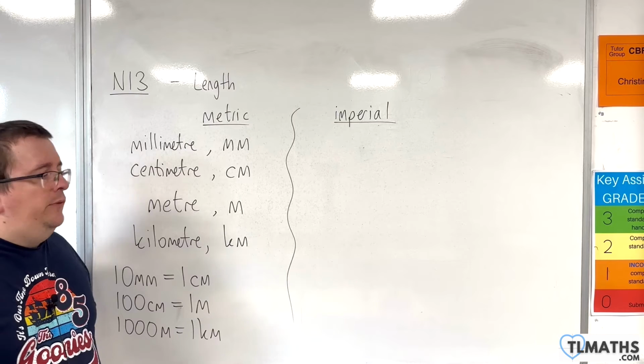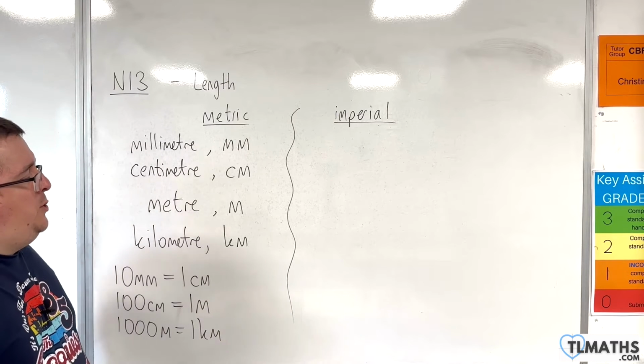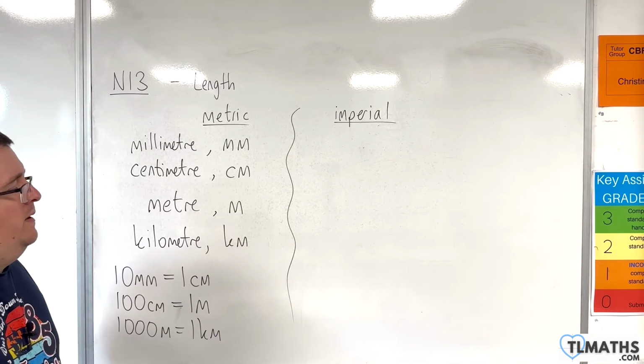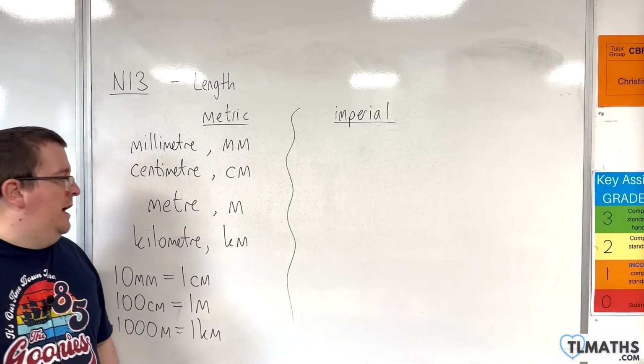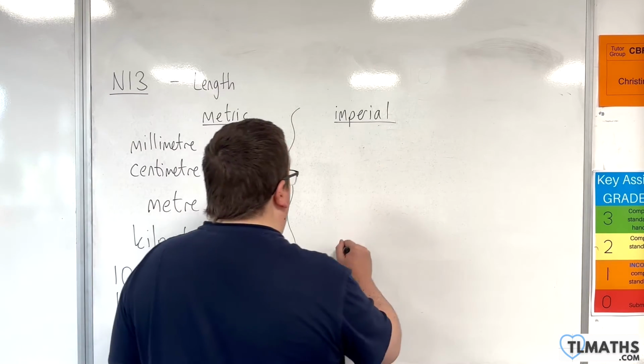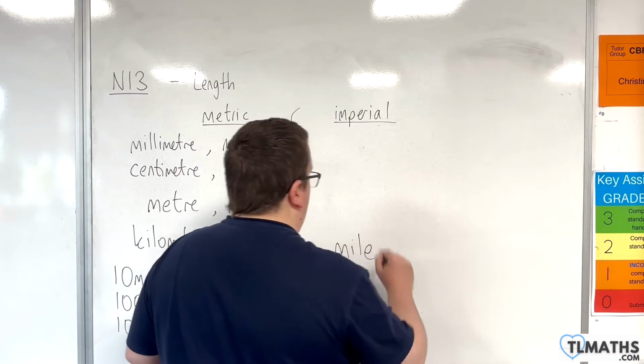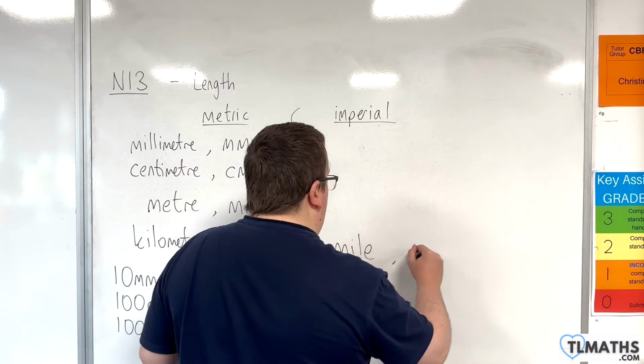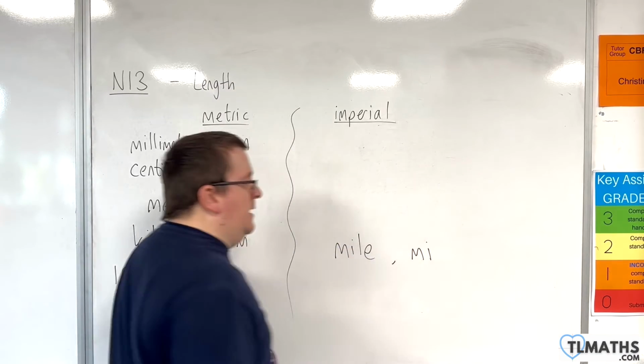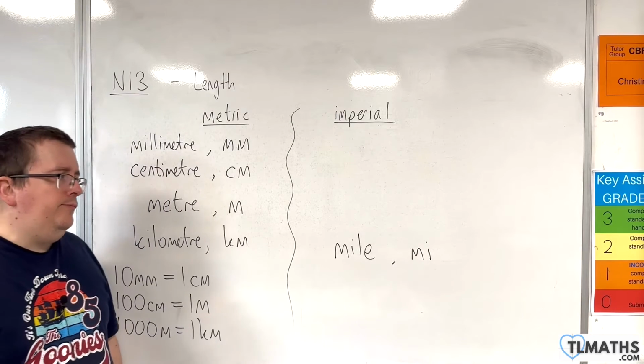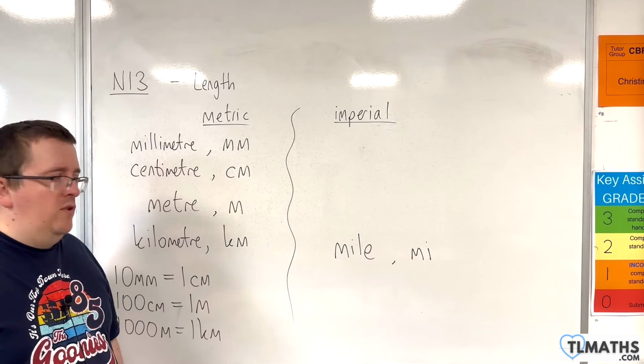most commonly get used. Now, if we go into imperial, the first one that people might be aware of is miles, which is sometimes abbreviated to MI. That's probably the most common way of abbreviating a mile.